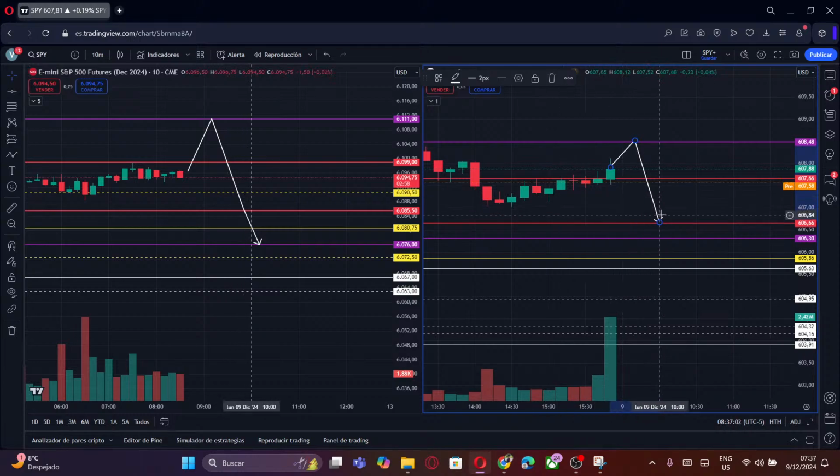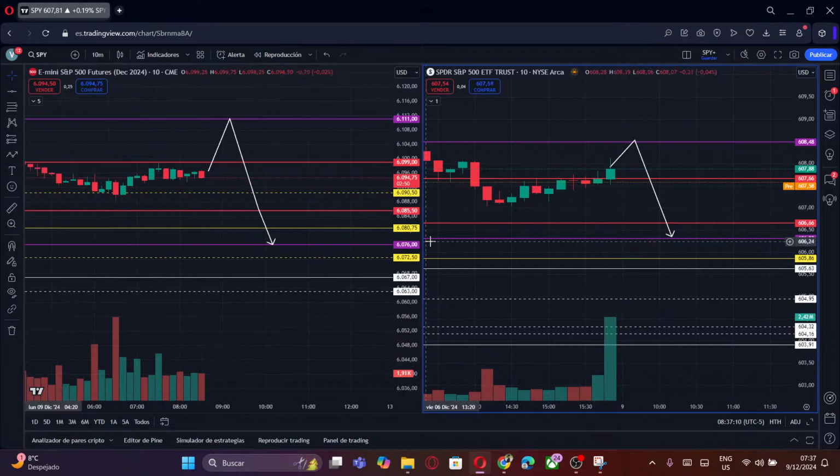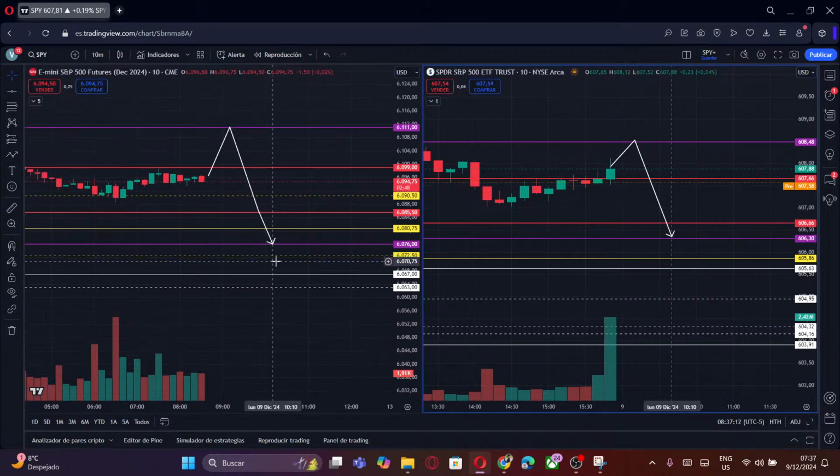So I'm expecting it to continue and keep going down to the purple. For ES and SPY, to be honest, that's the only scenario I can see, because this one easily can come, bounce again and continue up. So for ES and SPY, I will leave it like this.